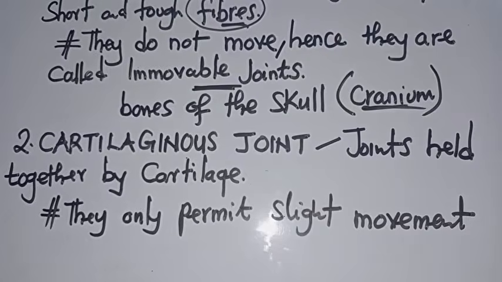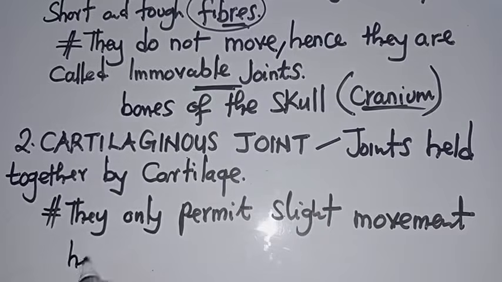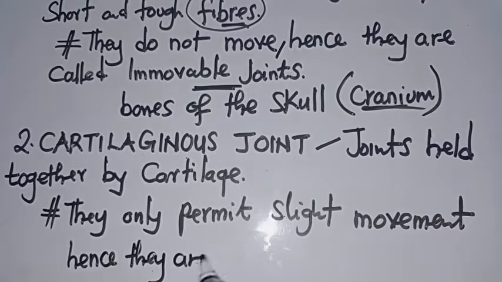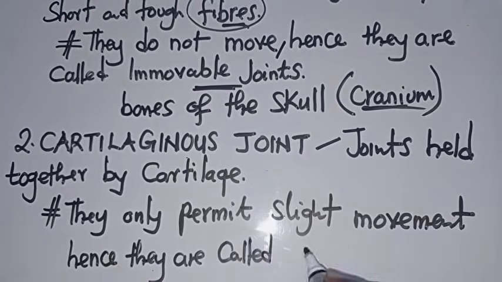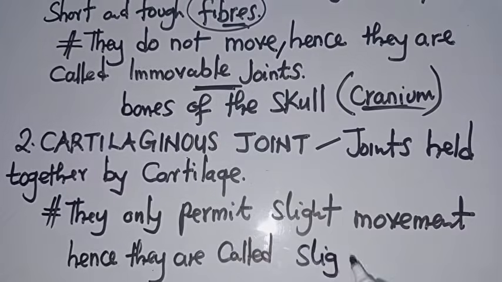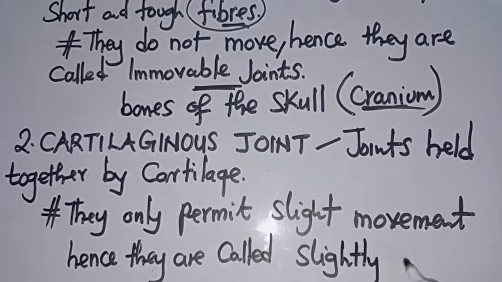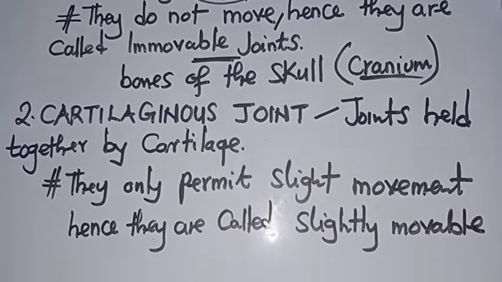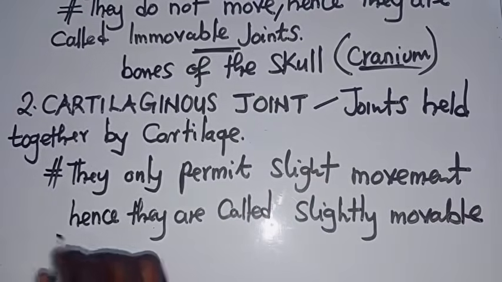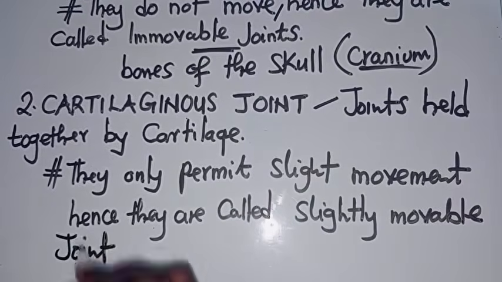Since they allow that, hence they are called slightly movable joints. This is how you are supposed to get them. They are called slightly movable joints.